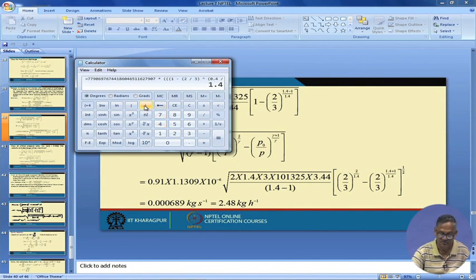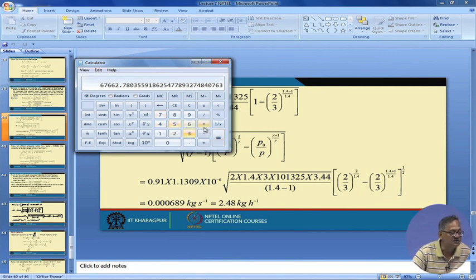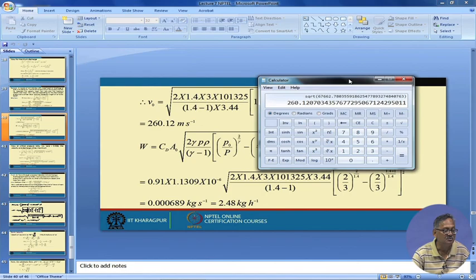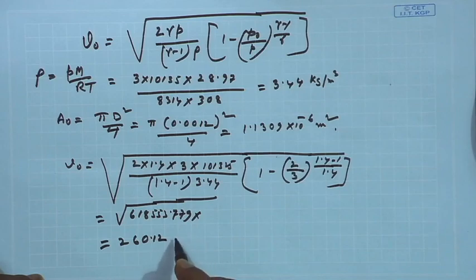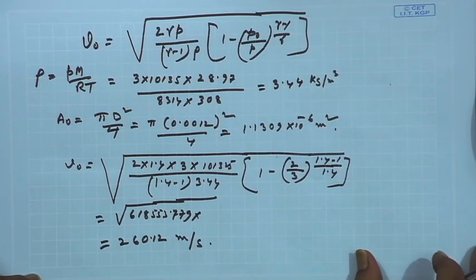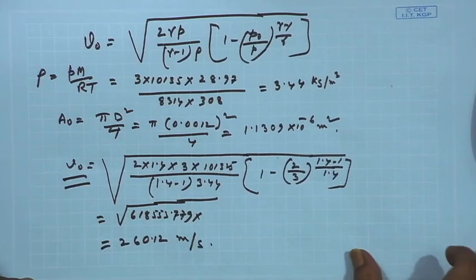If we close all, it is under square root, so square root of 260. So it was 260.12, right, is equal to 260.12 meter per second. So, velocity has come to be so much.